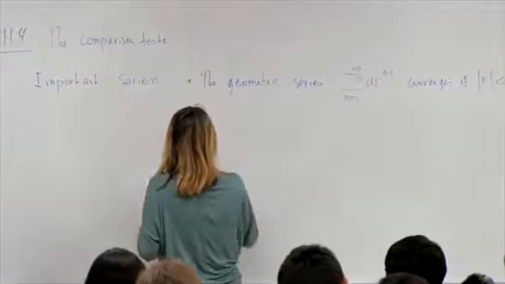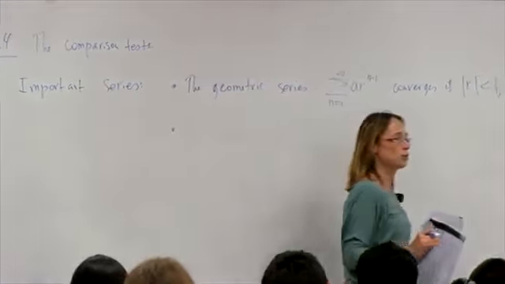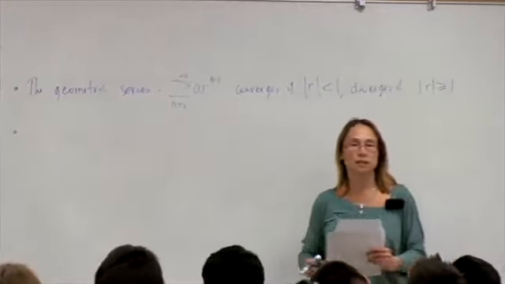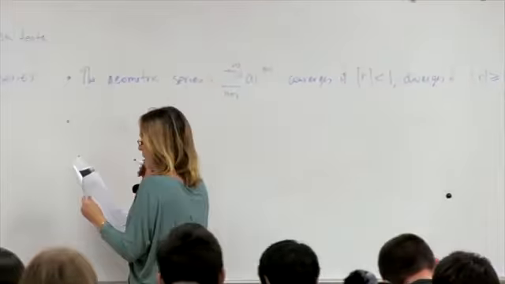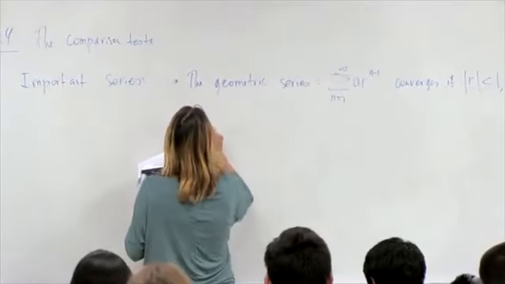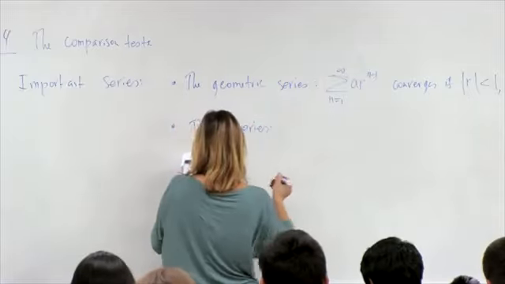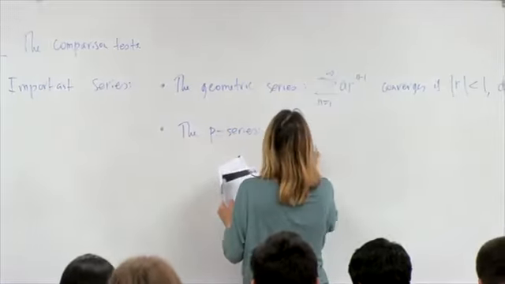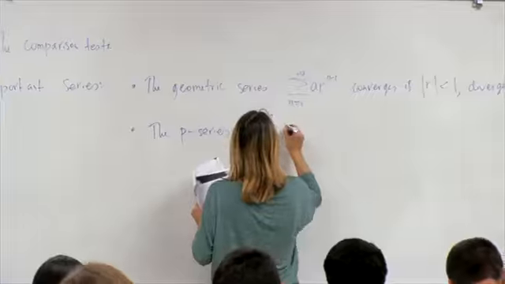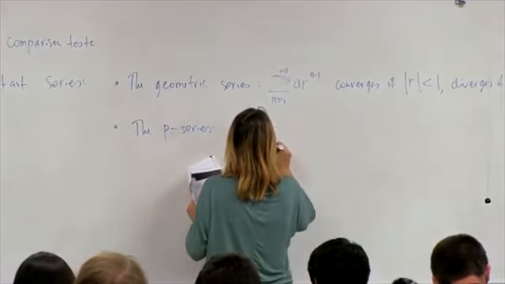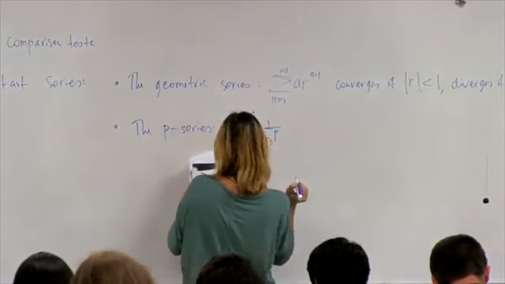The second type of series is something that I asked the TA to cover in the last discussion yesterday. It's called the p series. The p series, okay? So it looks like this: 1 over n to the power of p, okay?